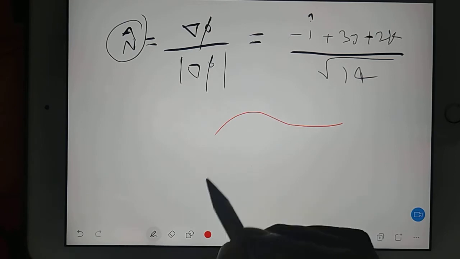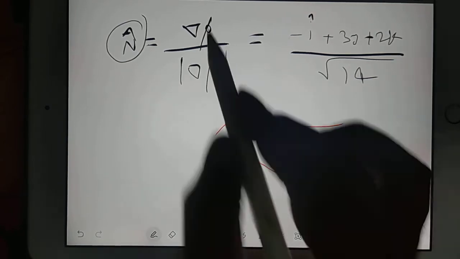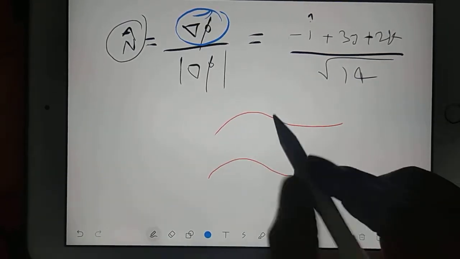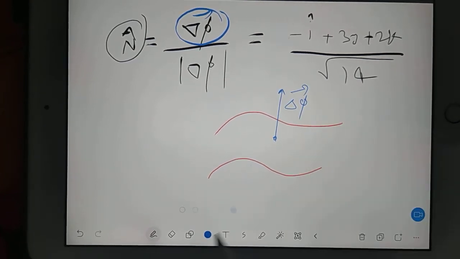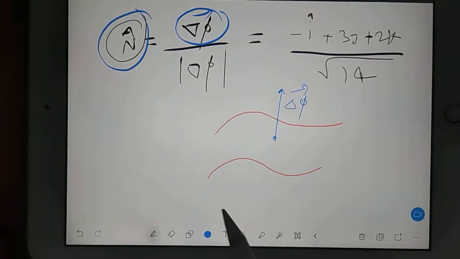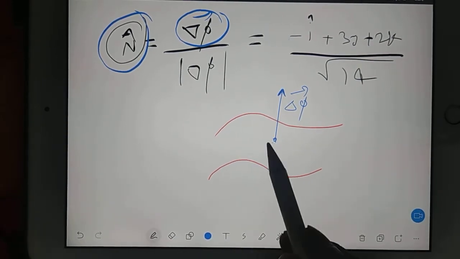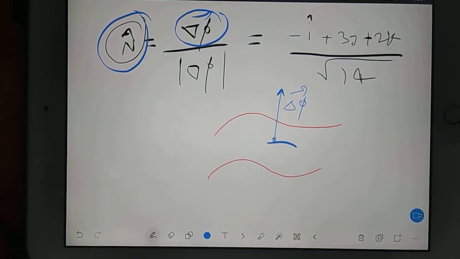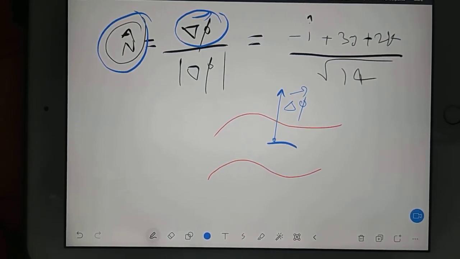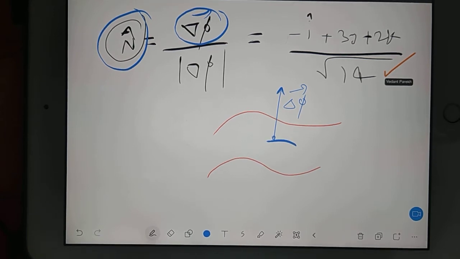Suppose this is your surface. On this surface, where is the direction of grad phi? It is in this direction. Already I have explained that grad phi is perpendicular to the surface. No doubt in that. Clear? Okay.